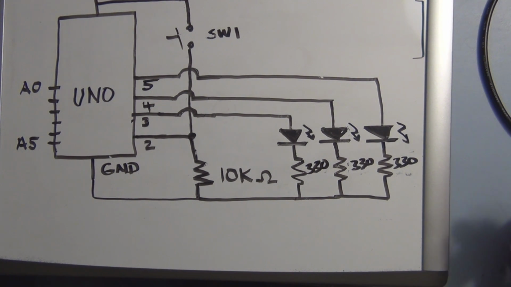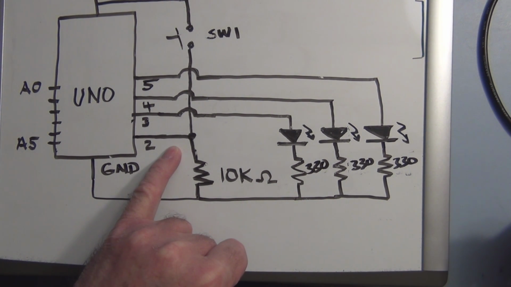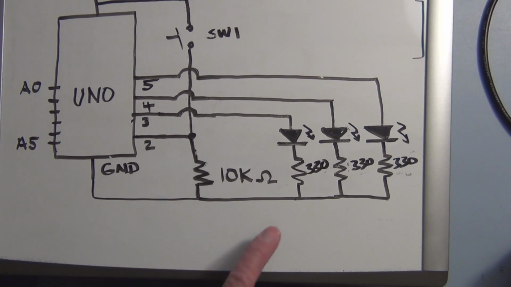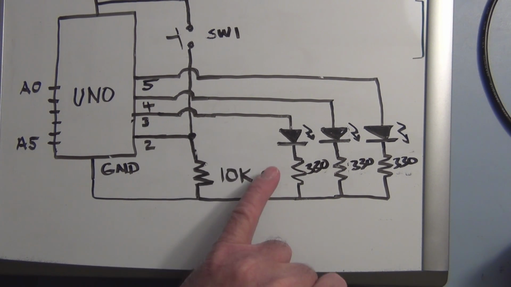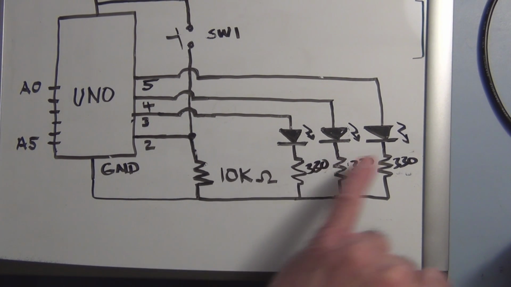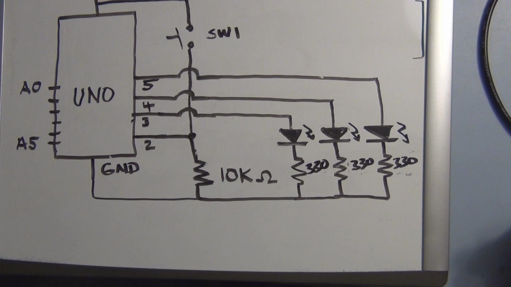So pin 2, depending on whether we see a 0 or a 5, we're going to write code that says when we have 0 volts on pin 2, we want the green LED to be lit, and we want the two red LEDs to be off.